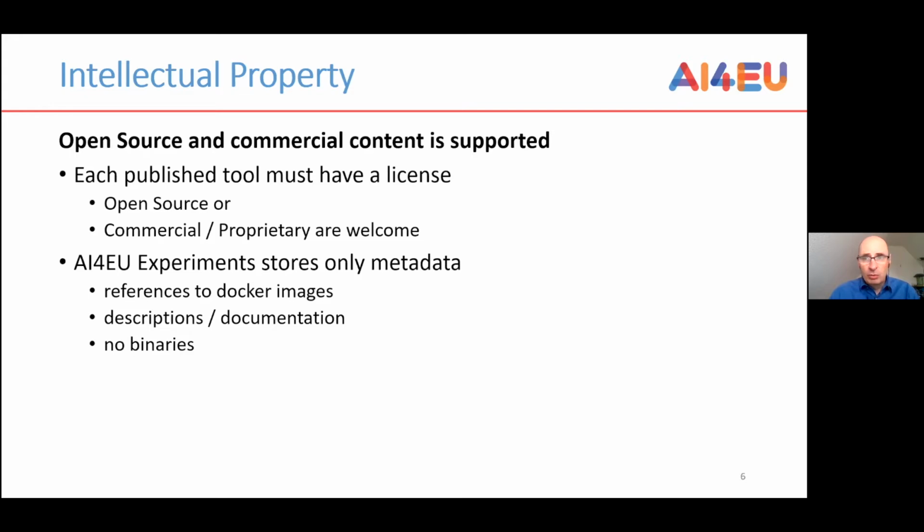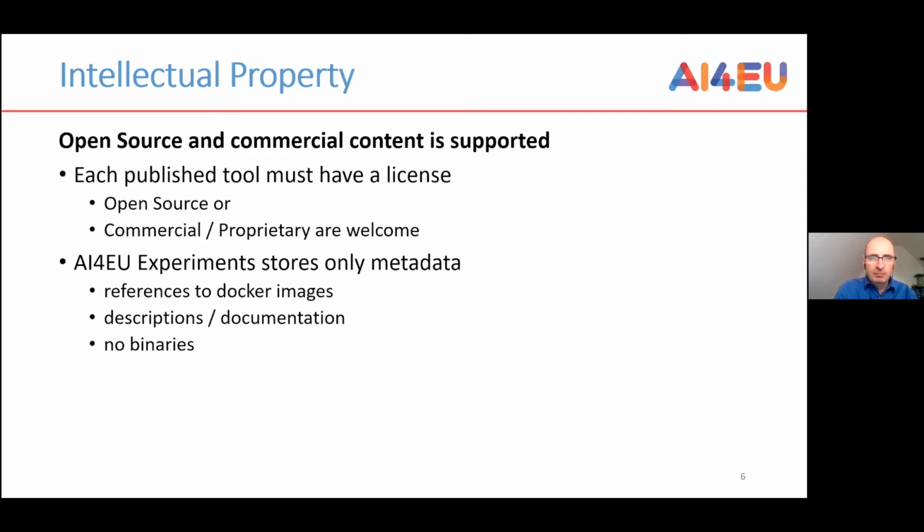What about intellectual property? We must distinguish here between the AI for experiments platform, whose source code will be Eclipse Graphene, an open source project, and on the other hand, the tools, the content that are presented in the catalog in a running instance of AI for experiments.